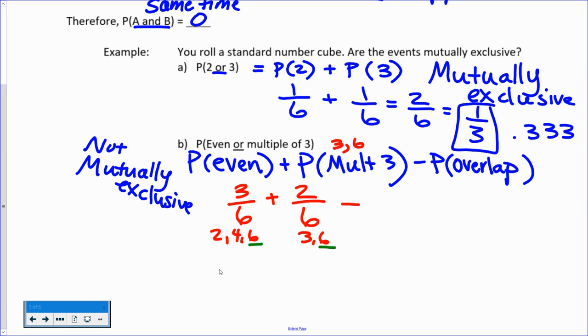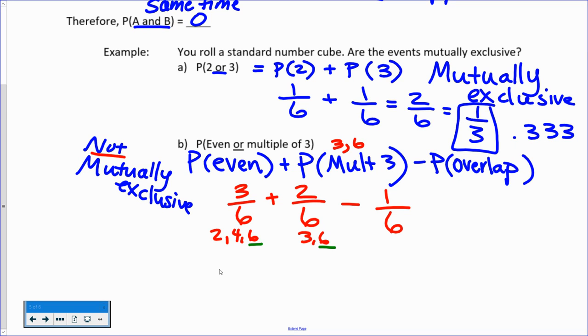So I have to subtract what the overlap would be. So there is one number that is both an even number and a multiple of 3 of the 6 numbers. So that's subtracting that probability of even and multiple of 3 together, or what I called the overlap. This is what happens when they are not mutually exclusive.